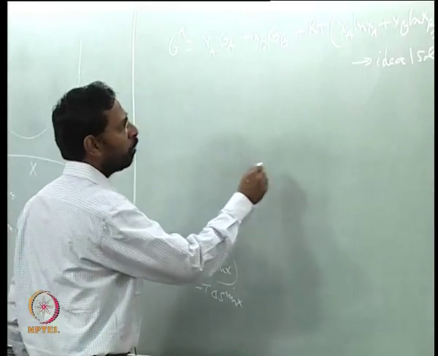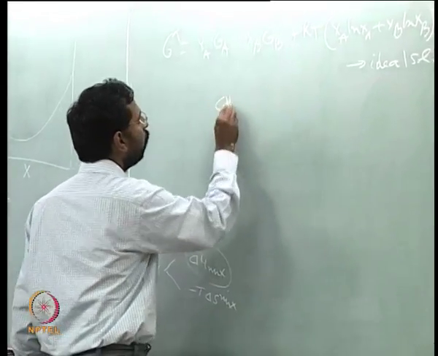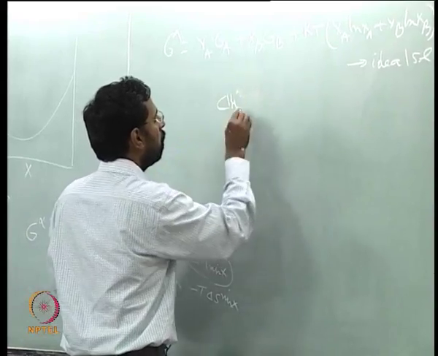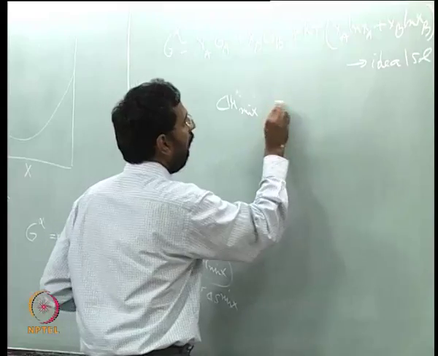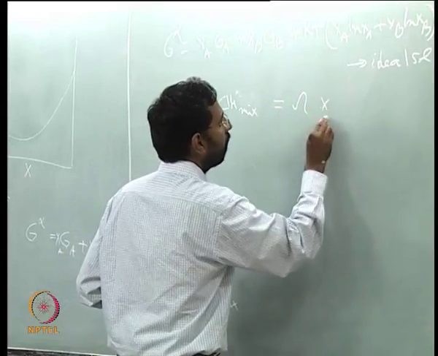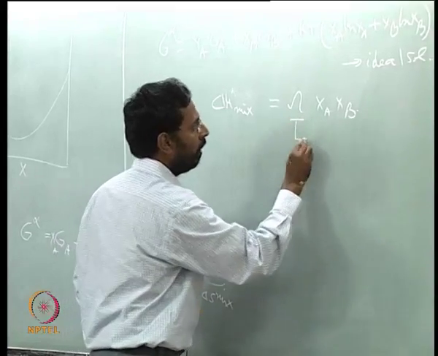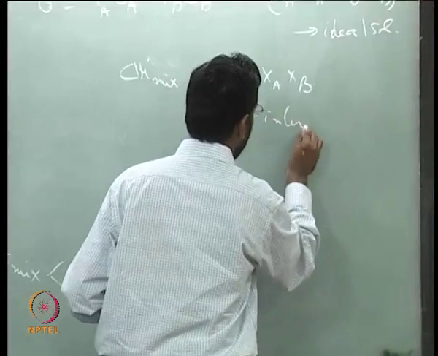So, in a regular solution model, we assume delta H mixing as omega into XA XB, where omega is what is called the interaction parameter.